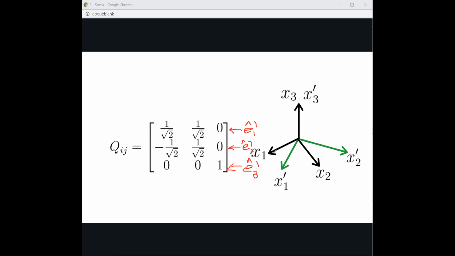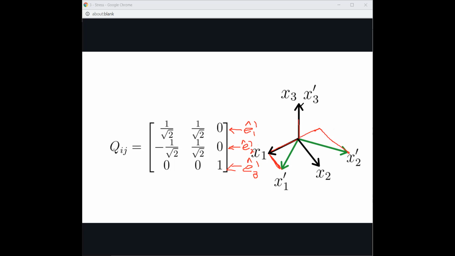Okay. So paano yun nangyari? Since 45 degrees, you just get this one. So we know that since this is 45 degrees, cosine 45 is 1 over square root of 2. And sine 45 is 1 over square root of 2. Here, the x1 component of x2 prime is negative. Okay? Negative 1 over square root of 2. And the x2 component of E hat 2 prime, sorry, is 1 over square root of 2.